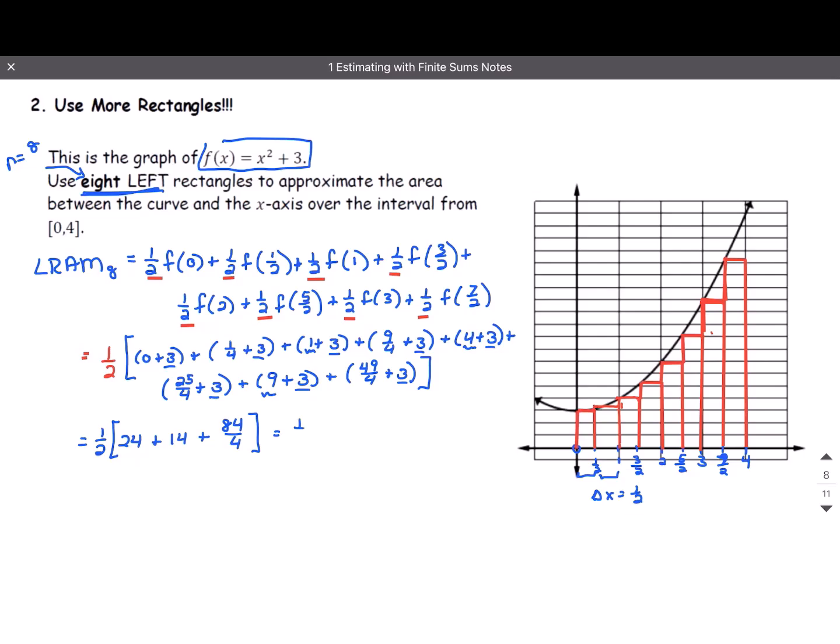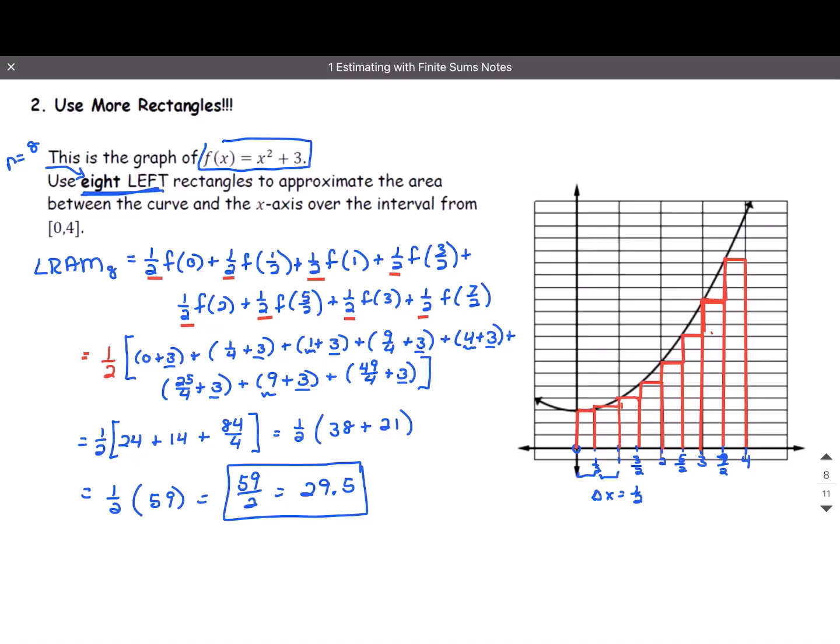So now we have 1/2 times 38 plus 84/4 was 21. So that's 1/2 times 59, which is 59 halves, or 29.5. But you can see that that has gotten closer to the answer that we want. It was bigger than the 26, but it's still smaller than the MRAM.